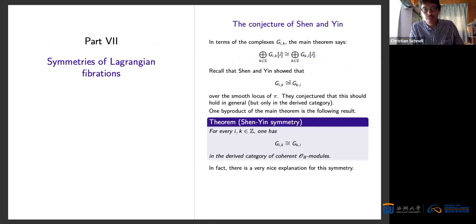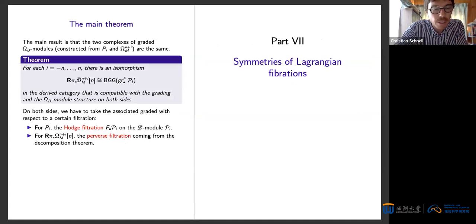Let me first say one more time, slightly more precisely, this conjecture by Schnell and Yin. In this main theorem, both the left-hand side and the right-hand side can be expressed in terms of these perverse Hodge complexes. For the right-hand side, by definition, because I'm taking the sum of the graded pieces of the Gr complex.